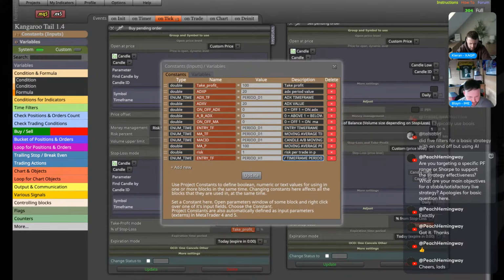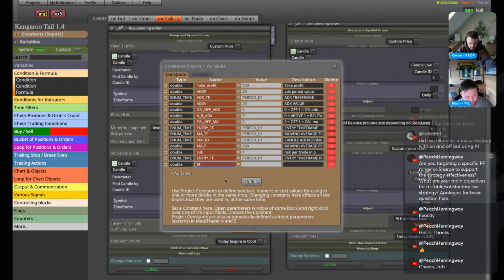Which will be ATR. And we're just going to say M. We're going to put 2 ATR multiplier. Do I need anything else? No, I do not.